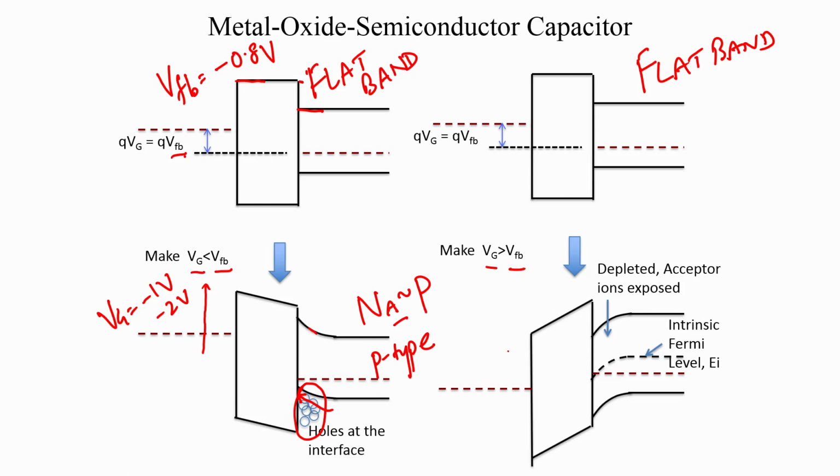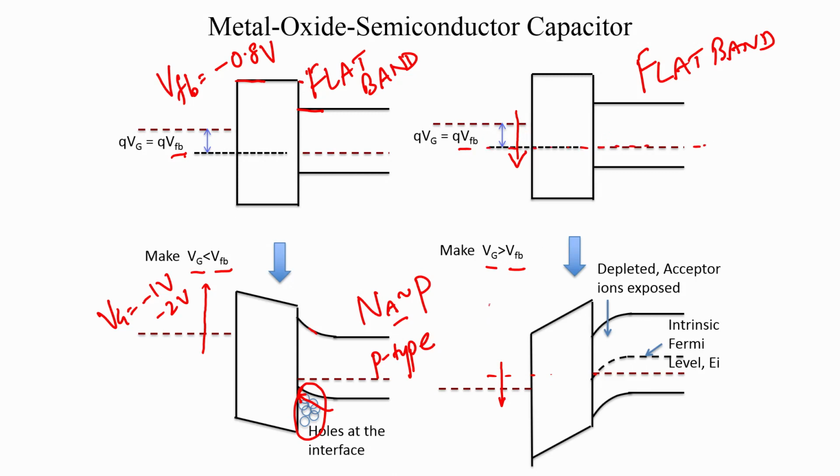Now, as you start making Vg greater than Vfp, the Fermi level of the metal will start moving downward, okay, and we will pass the thermal equilibrium point when these two Fermi levels were aligned. So, as you start pushing the metal Fermi level below, you will artificially recreate the thermal equilibrium point because you had to set Vg equal to 0.